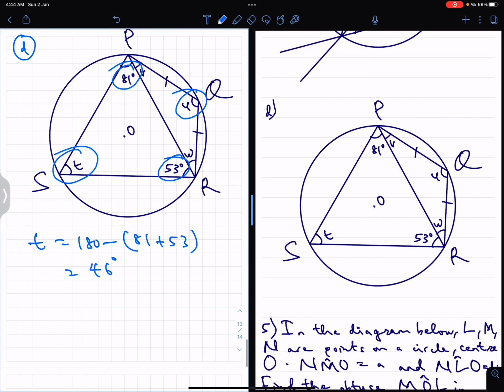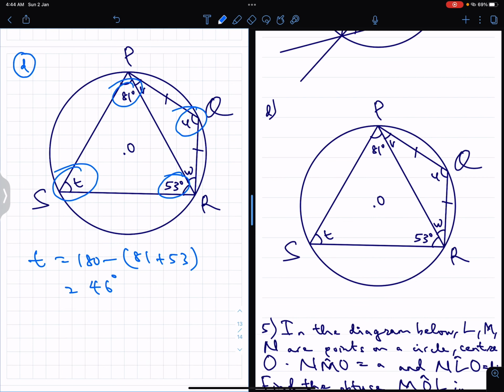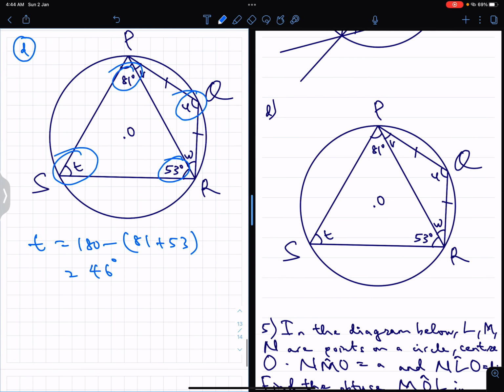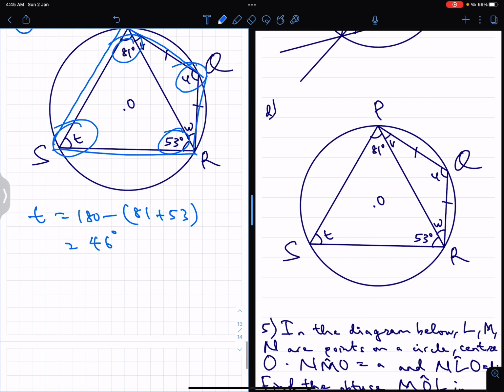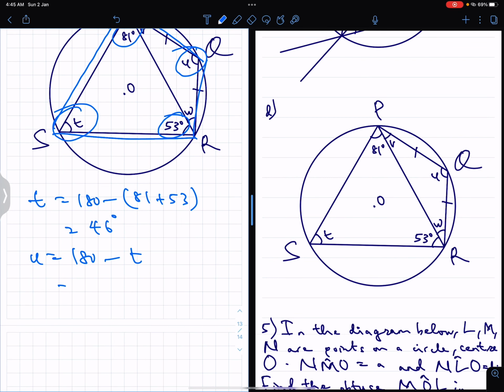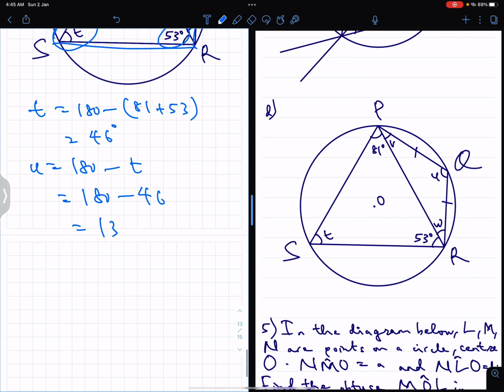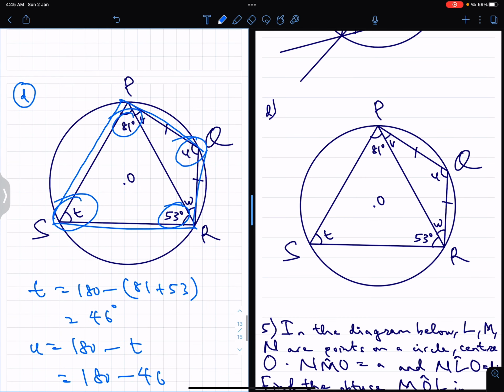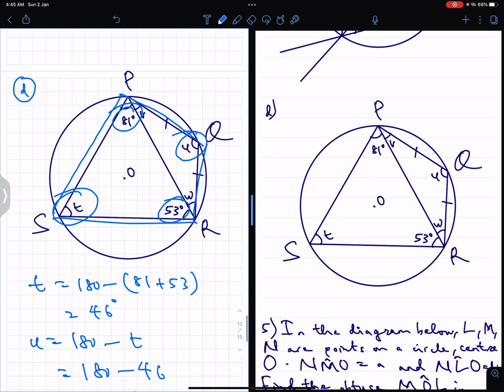So angles T and U are opposite angles of the cyclic quadrilateral SPQRS, and that simply means U plus T is 180 degrees, and U will be 180 minus T, which is 180 minus 46, and that's 134 degrees. That's 134 degrees.